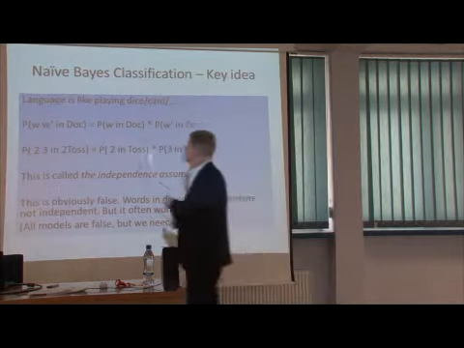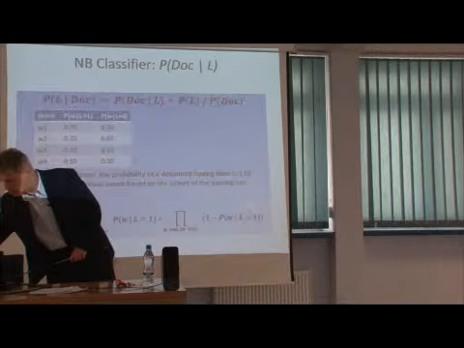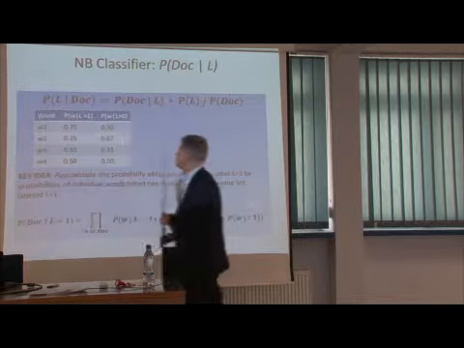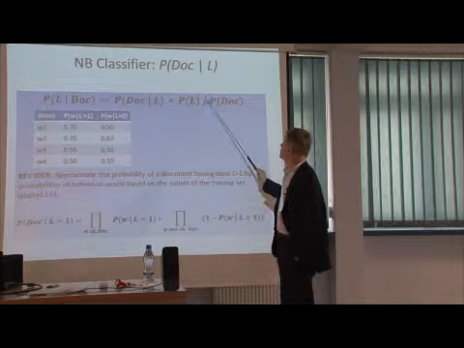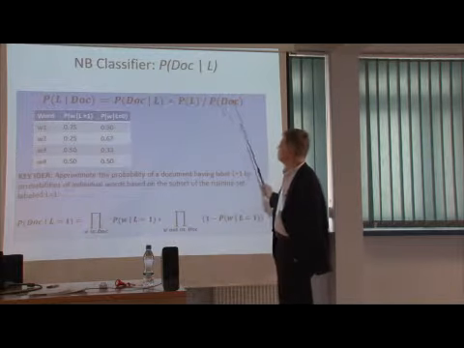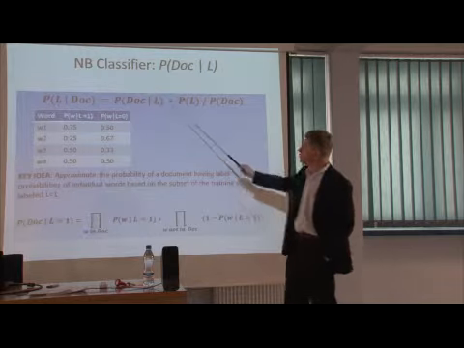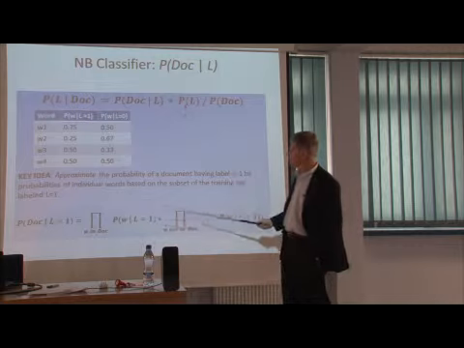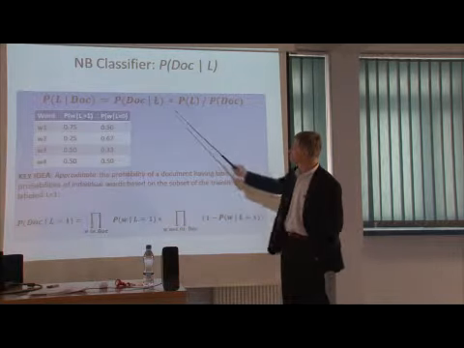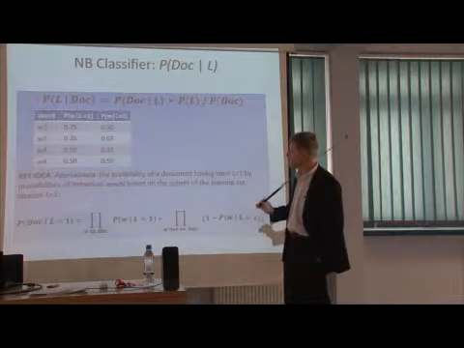All right, so given this crucial step, now we can go back and estimate the probability of the document and the probability of the document given label. We can do it because we have the probabilities of individual words given label and the probability of individual words, just in a distribution.